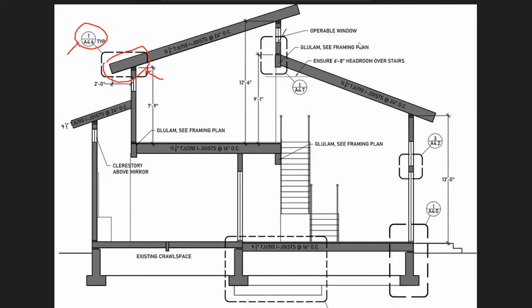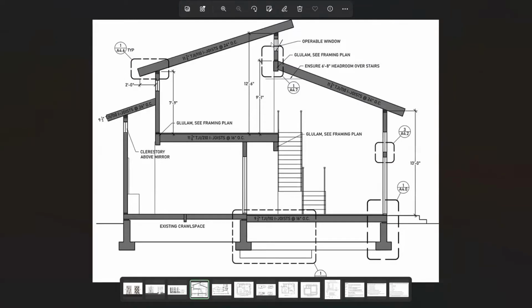Whenever you see this, that means these would be little study details, sectional details to study at a larger scale, because the information here is too small for one to clearly understand fully what's going on at these connections. Note, you can see the heights.